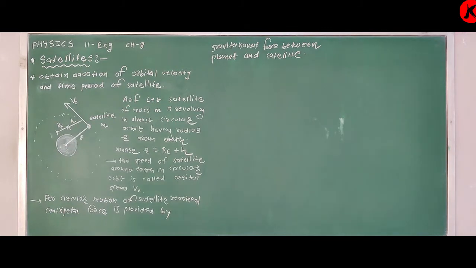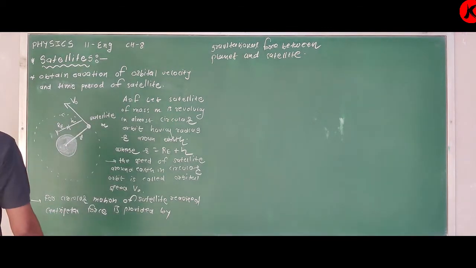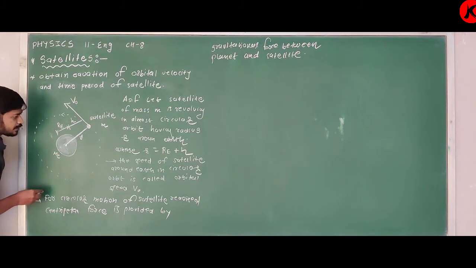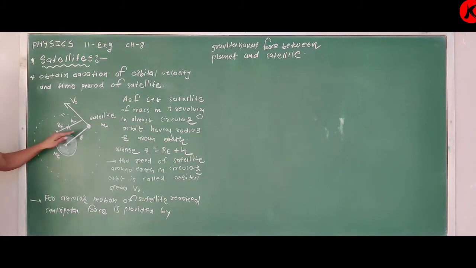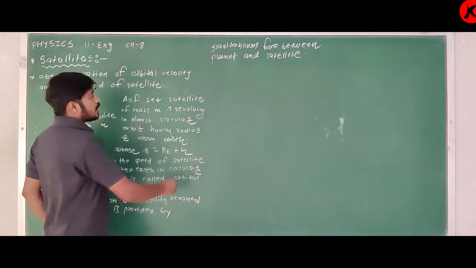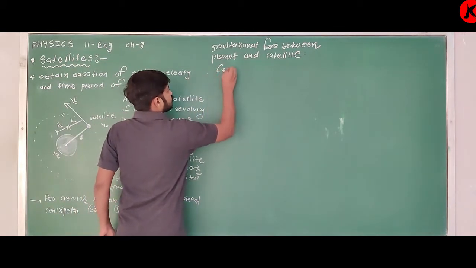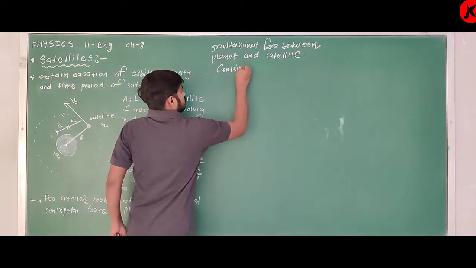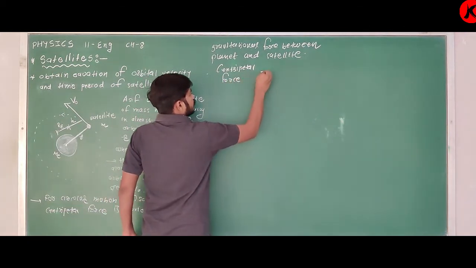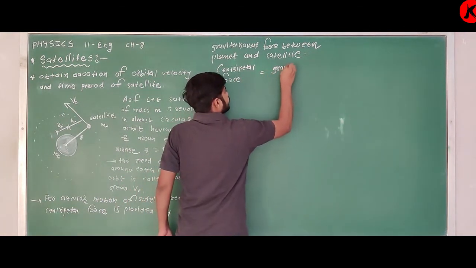Now we can write one equation. It is Earth. What is the mass of Earth? It is M. This satellite is performing circular motion. Its mass is m, its speed is v0. Therefore centripetal force is equal to gravitational force.